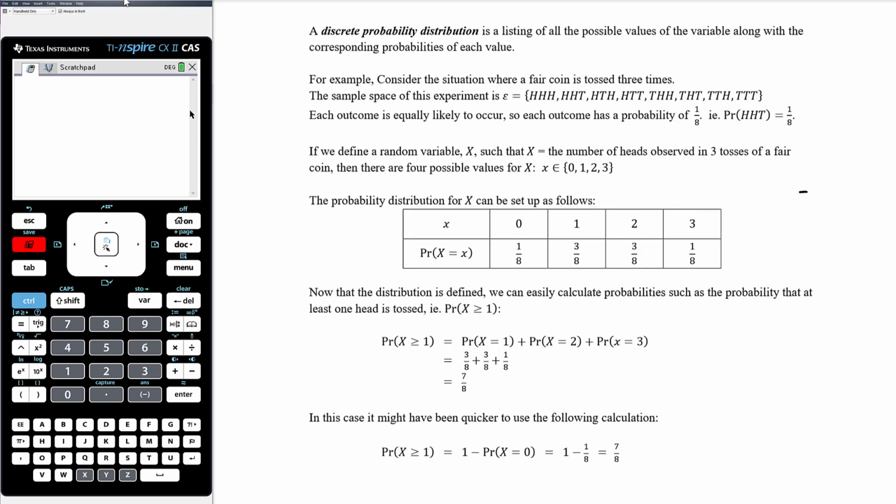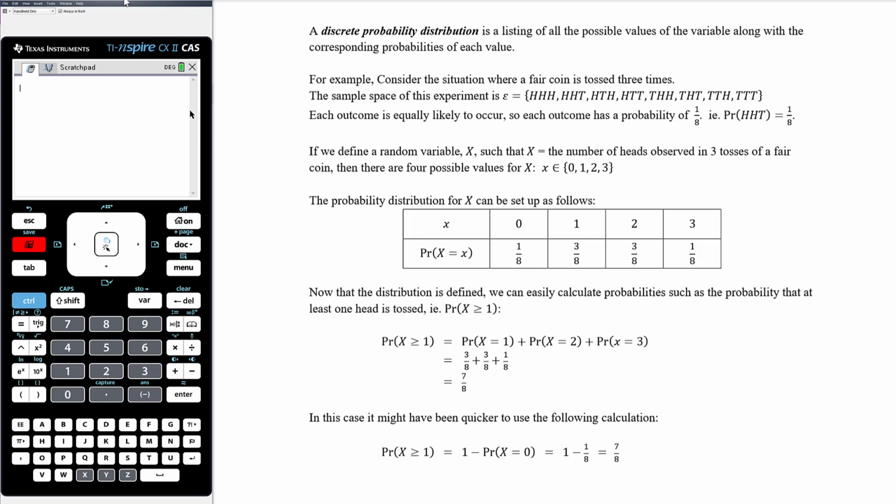Alright, so now that the distribution is defined, we should have every possible outcome listed here along with their probabilities, so that means the total probabilities must add up to 1 or we've missed an outcome. But now that our distribution is defined, we can easily calculate probabilities, such as the probability that at least 1 head is tossed. That is equivalent to saying the probability that X, the number of heads, is bigger than or equal to 1.